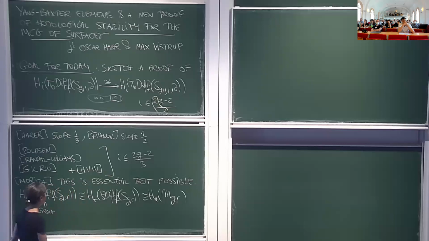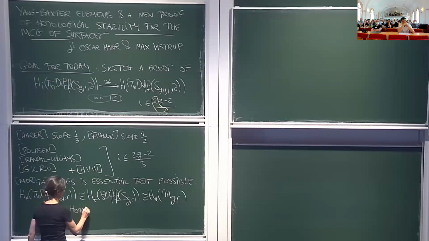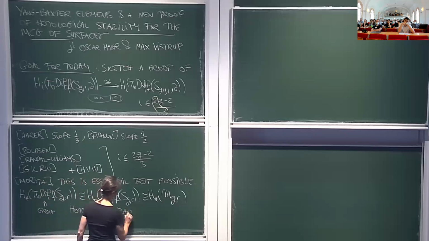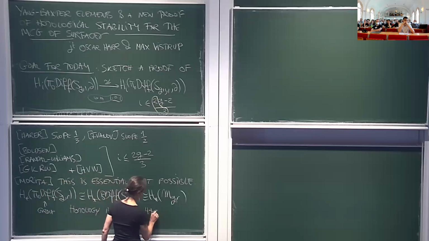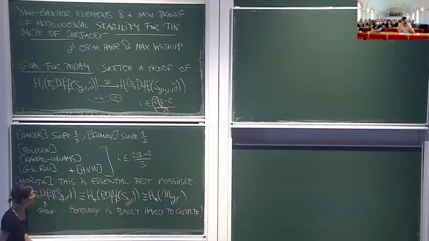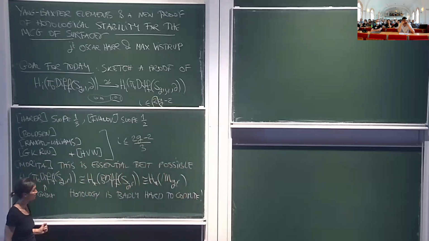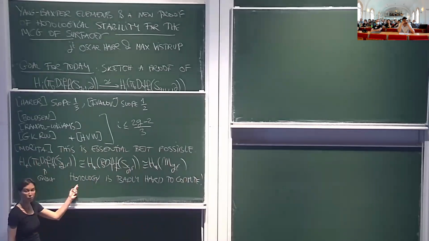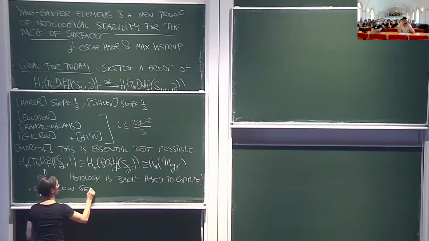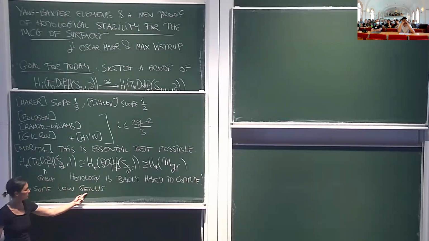And on the other hand, the homology is an invariant of this, and it is badly hard to compute. It's not easy to get at. What do we know? We know some low genus cases.